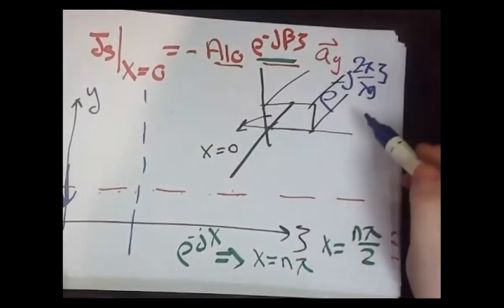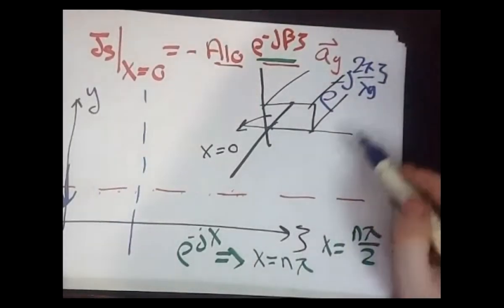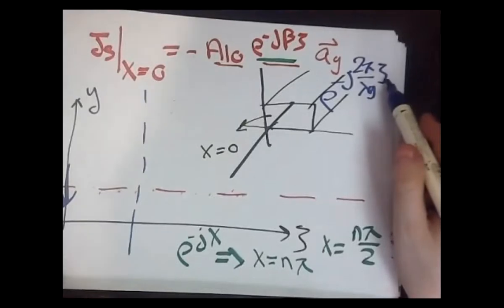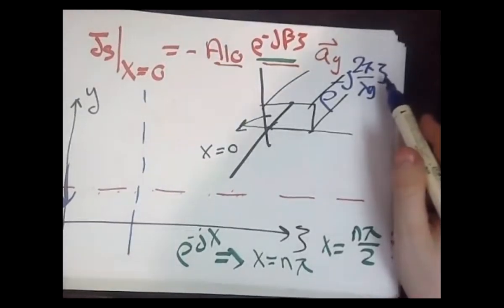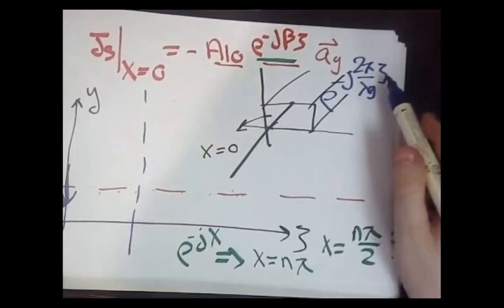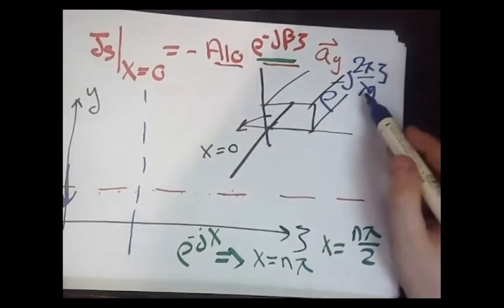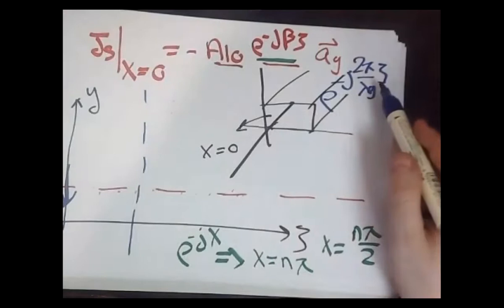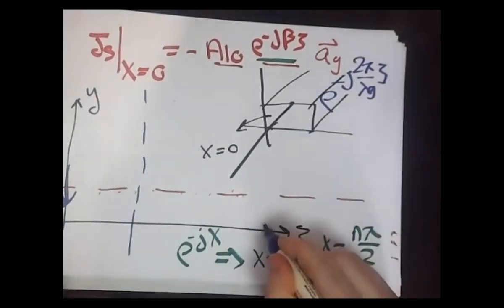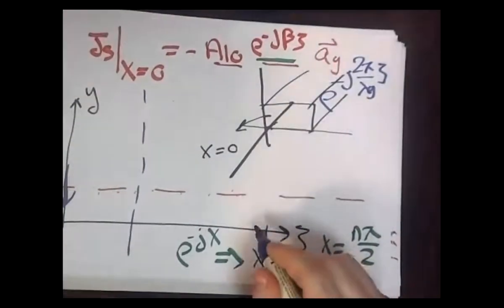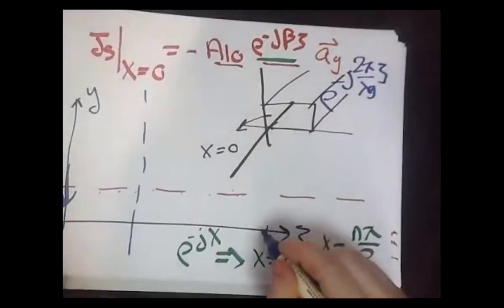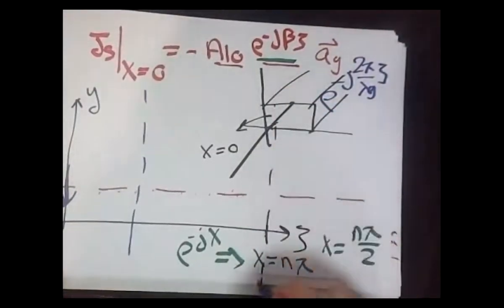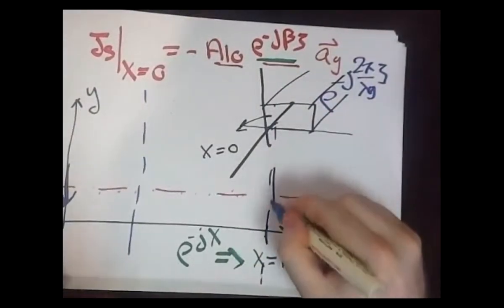Again, what is the next maximum? When z is equal to lambda g, we have another maximum, which is e power minus j 2 pi. So if you assume that this is lambda g, then you have another maximum.